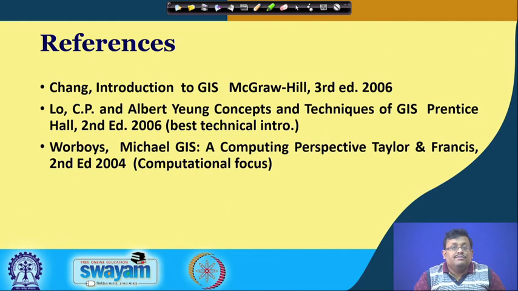And if you want to focus on computational aspects, obviously there is GIS: A Computational Perspective by Michael Worboys. It has a single author. So, Michael Worboys has authored this book, GIS: A Computing Perspective, published by Taylor and Francis. So, you can follow that, which also gives a better computational focus.